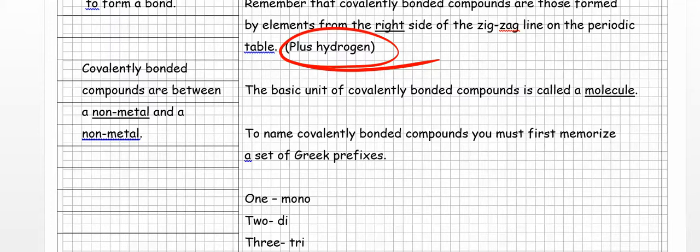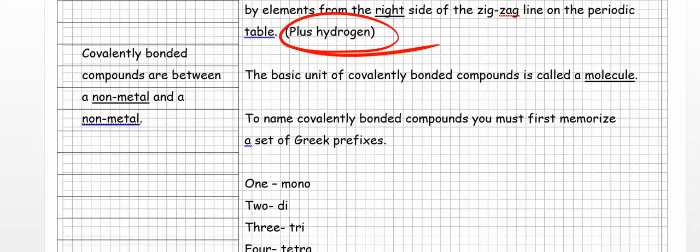So to name covalently bonded compounds, you must first memorize a set of Greek prefixes. They're not hard. In fact, you might know most of them. 1 is mono, 2 is di, 3 is tri, 4 tetra, 5 penta, 6 hexa, 7 hepta, 8 octa, 9 nona, and 10 deca.